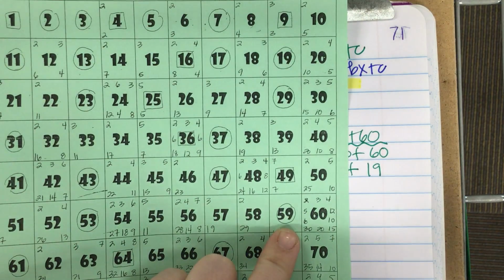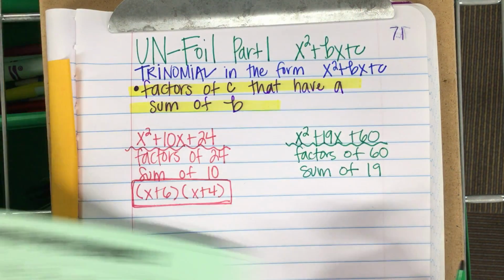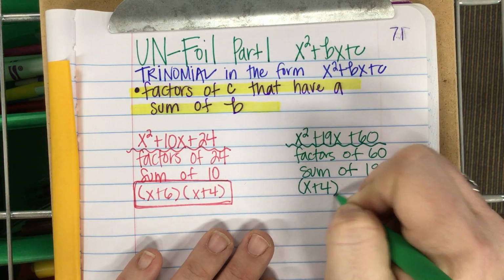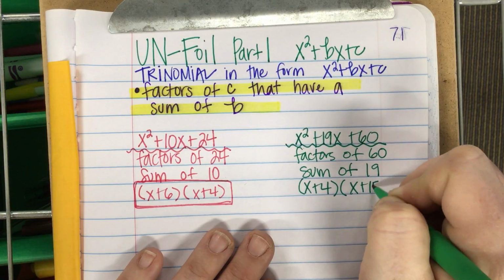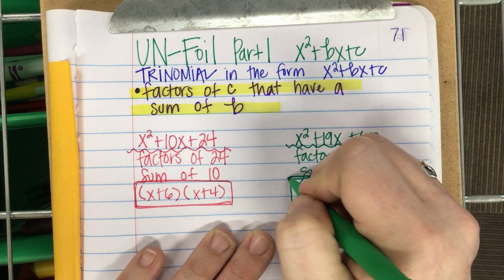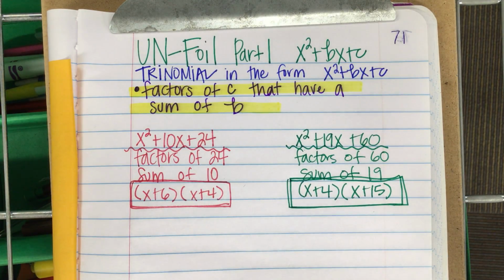What times what equals 60, but what plus what equals 19? 4 and 15. So my answer is x plus 4, x plus 15. Could somebody write x plus 15 and x plus 4? Yes. Doesn't matter, right? Same thing. It can't be this easy, right? No, this is this level.